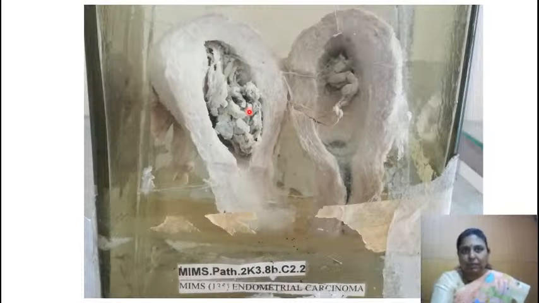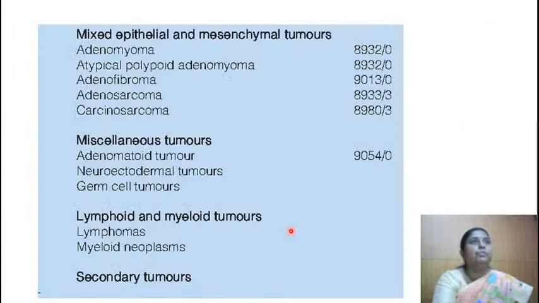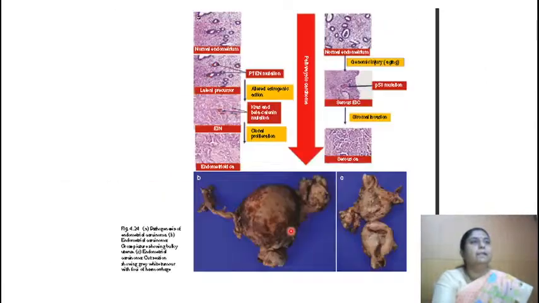Endometrioid carcinoma is related with PTEN mutations, KRAS mutations, and microsatellite instability. And usually these endometrioid carcinomas are low grade, whereas with non-endometrioid carcinomas, this uterus will be atrophic. If you remember the previous slide which I have shown you to show the difference between the endometrioid carcinoma and the non-endometrioid carcinoma, look at this.